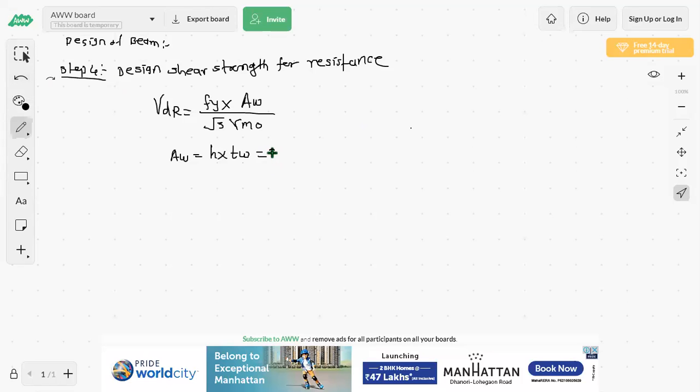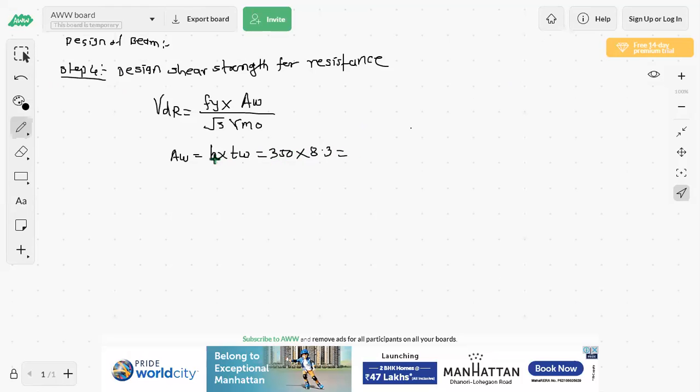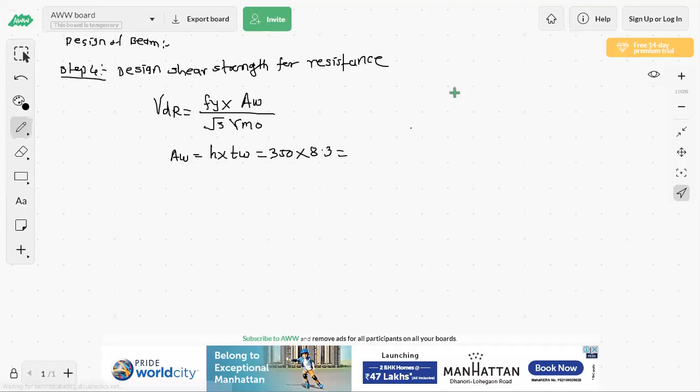ISHB 350. So 350 is the height H and the thickness of web is 8.3. So tell me the AW, area of web. 350 into 8.3 is 2905 mm square.